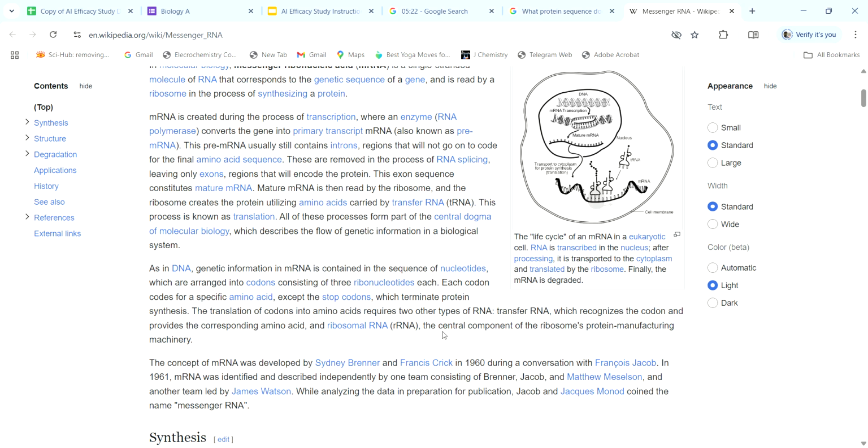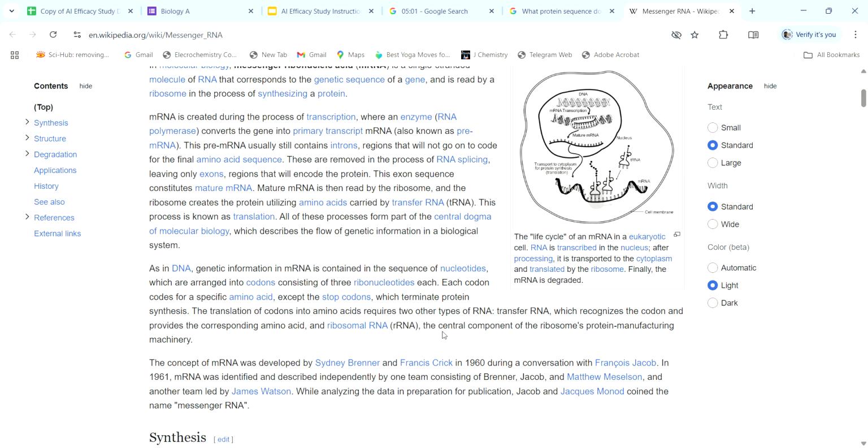This pre-mRNA usually still contains introns, regions that will not go on to code for the final amino acid sequence. These are removed in the process of RNA splicing, leaving only exons, regions that will encode the protein.